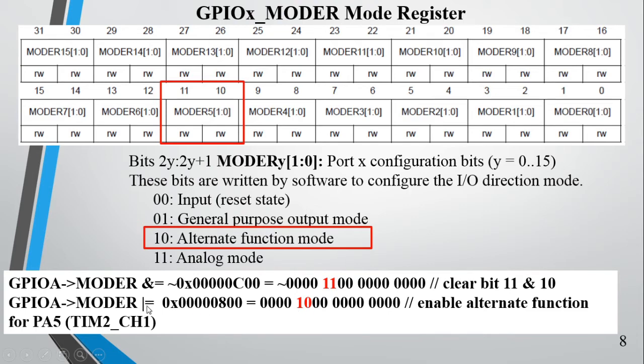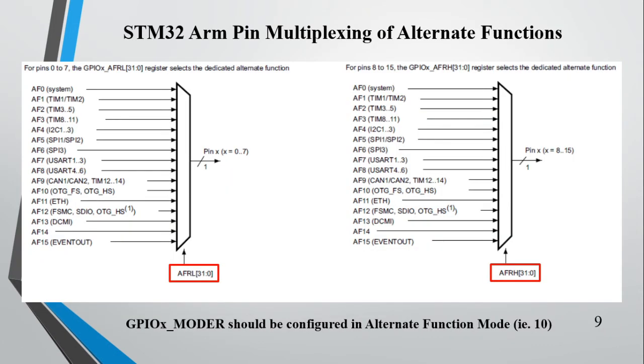So when you write OR equal to 0x800, you are configuring PA5 with the alternate function mode. Which alternate function mode do you need to select? Alternate function 1. That will be configured in the next step. Here we are configuring PA5 in alternate function mode, writing 1. Which alternate function will be seen in the next register.